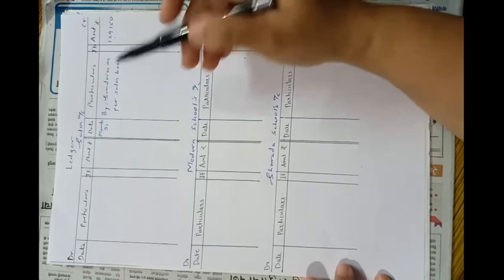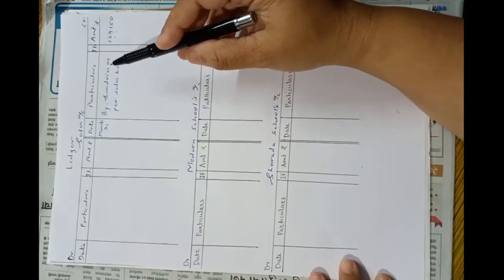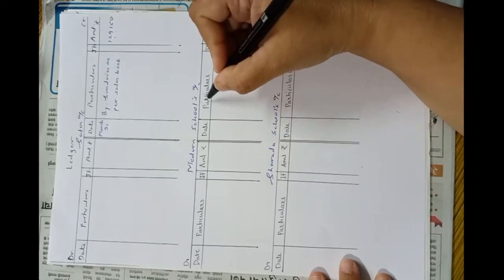In this example we have sold goods to Modern School, so the entry will be Modern School's account debit to sales account. Modern School's account will be debited, sales account will be credited.